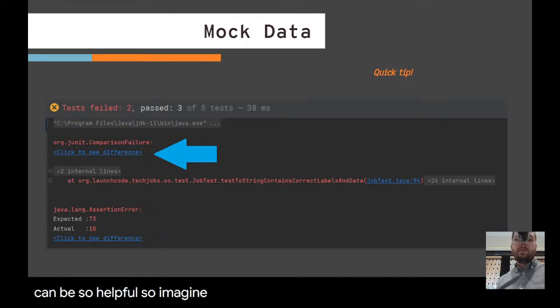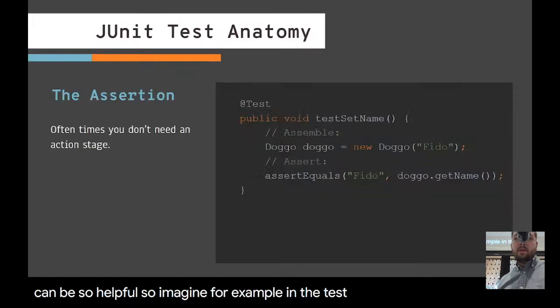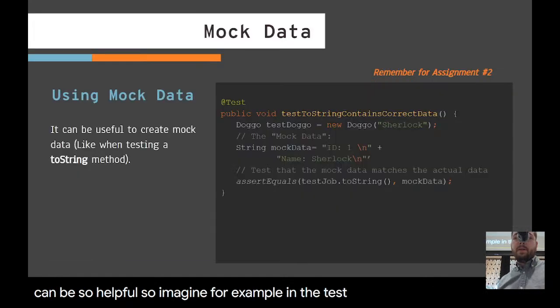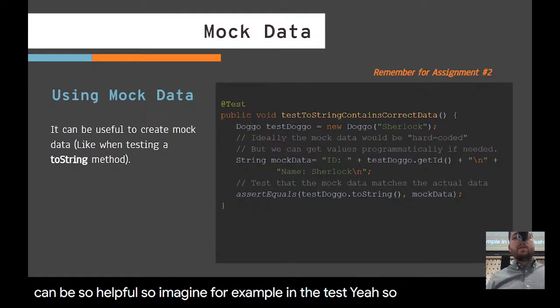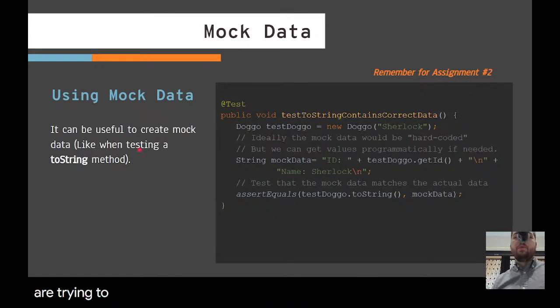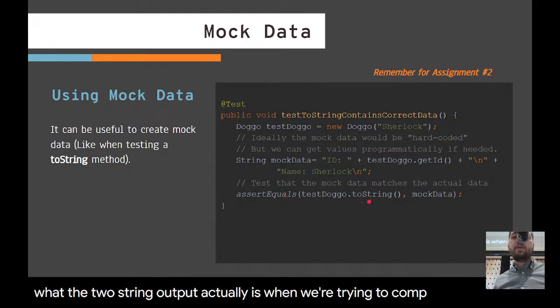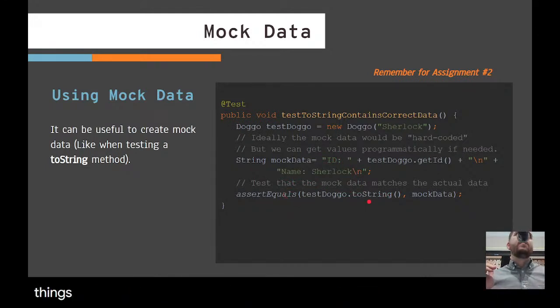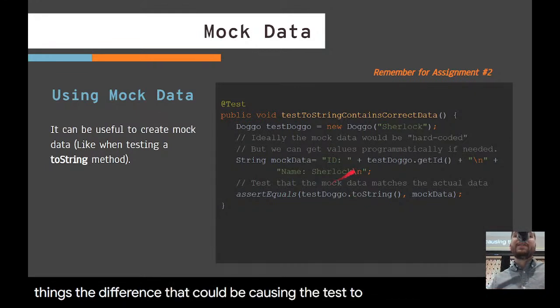Imagine, for example, this test, where we are trying to compare what we think the toString output should be versus what the toString output actually is. The difference causing the test to fail could be as simple as an extra space.